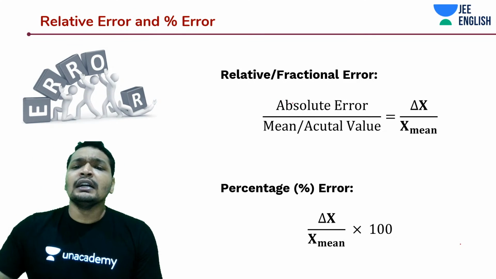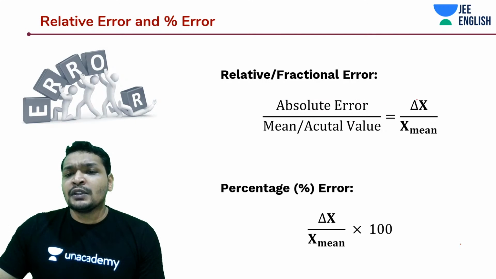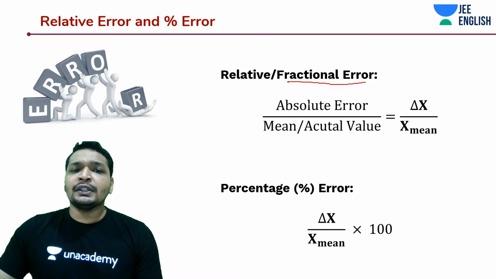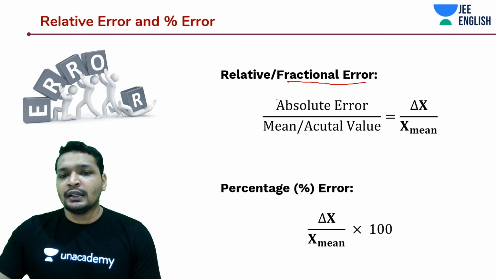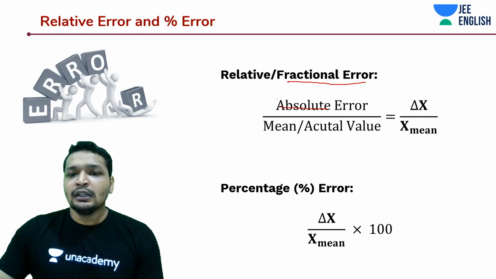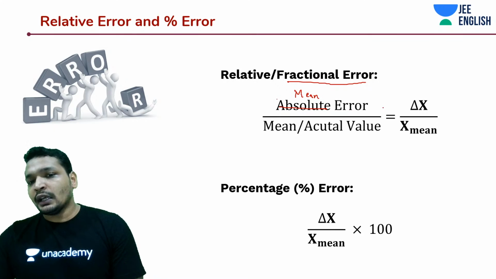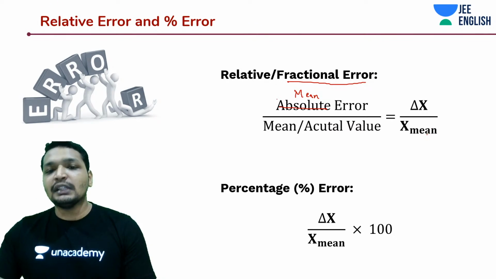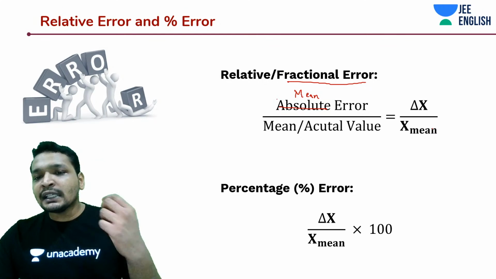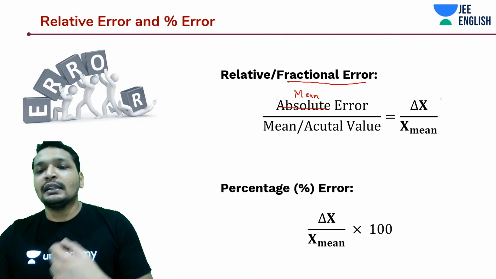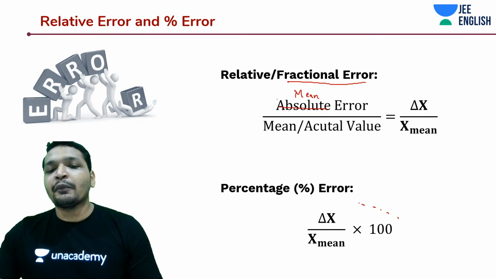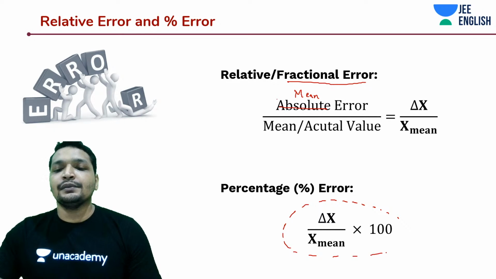And let's say I found an absolute error, and if I have to express the fractional error, this is going to be the mean error of the entire thing, which is the mean error we calculated just now. It's going to be the mean error divided by the mean value or the actual value, which gives me the fractional error. But this time I'm just expressing in terms of fractions. If I multiply it by 100, I'm going to get percentage error.